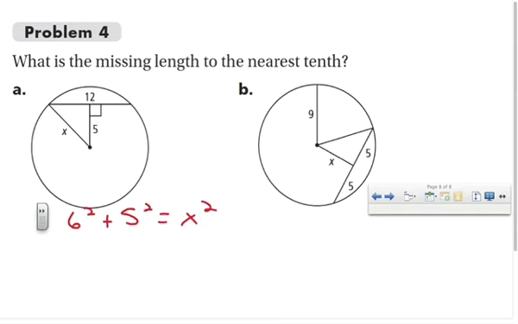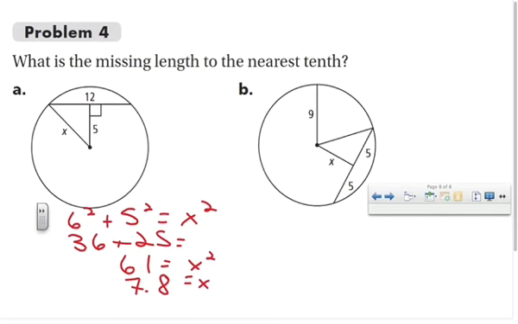The instructions say round to the nearest tenth. So x is about 7.8. Someone else, please.